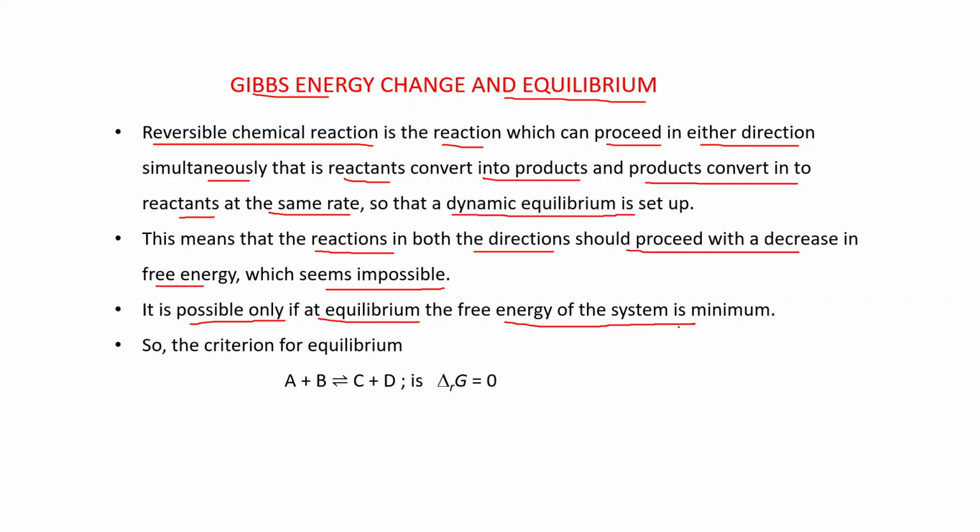So the criterion for equilibrium for this reaction, A plus B converting into C plus D, is that the free energy change is zero. This is the criterion for equilibrium: at equilibrium, the change in free energy is zero.